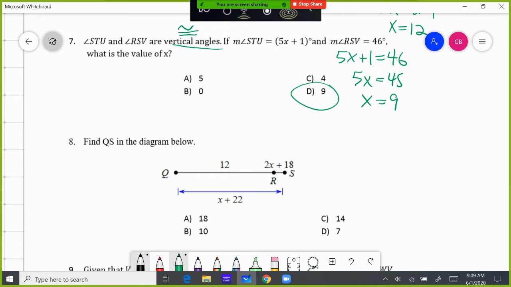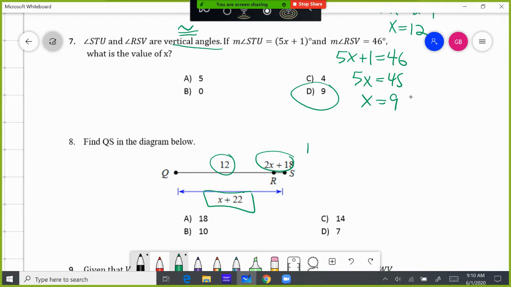Okay, next problem. Find QS in the diagram below. Okay, so that's that blue line. The blue line is from Q all the way to S. So 12 plus this expression, 2x plus 8, is equal to x plus 22.